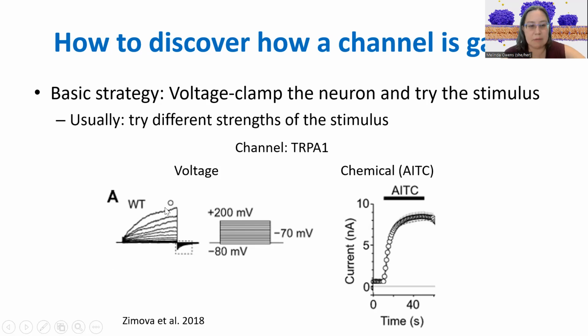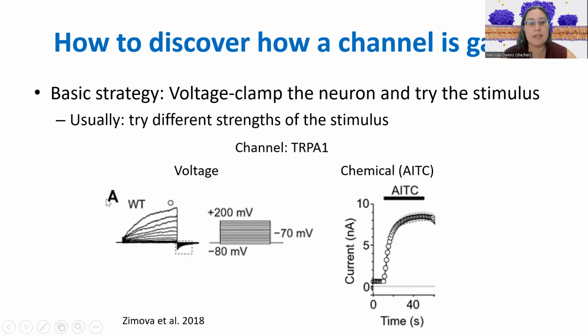So at the top here, you get a lot of current if you hold it at +200, and then this drops off where it went back to -70, so the current goes away when you drop the voltage away.